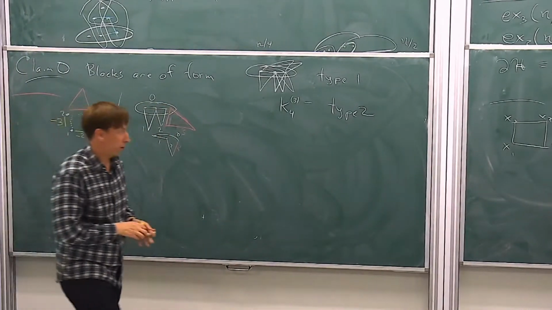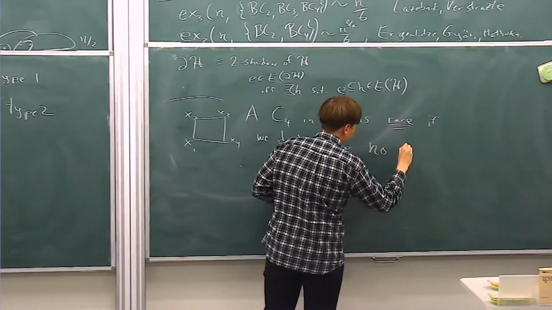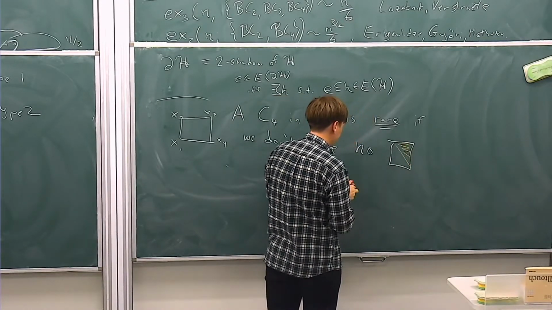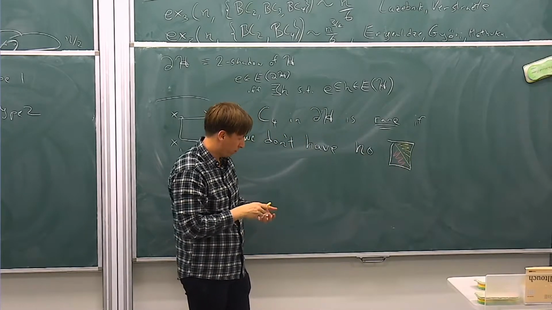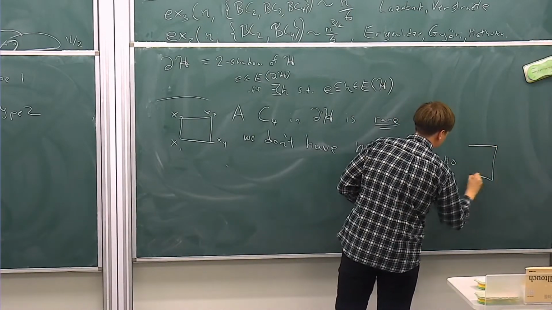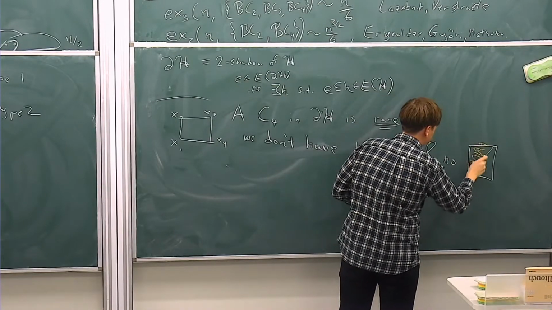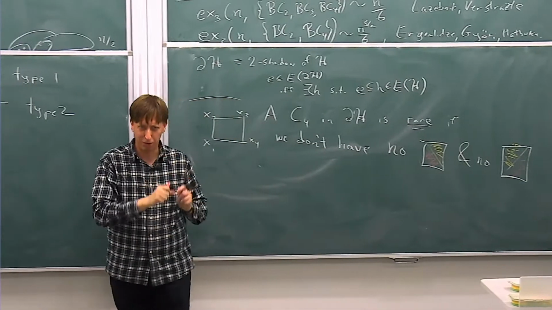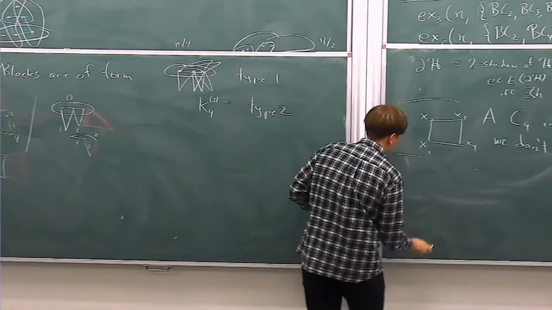Let me draw 2 pictures. If we don't have 2 hyperedges, hyperedge 1 and hyperedge 2, whose intersection is the diagonal of the 4-cycle, and we also don't have the other pair going this way, then that's a rare 4-cycle in the 2-shadow.